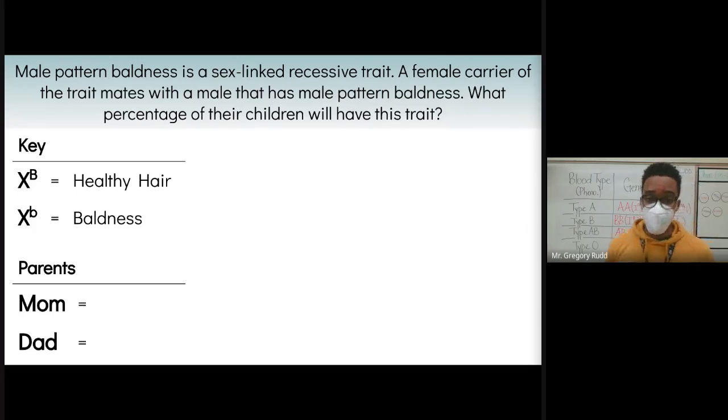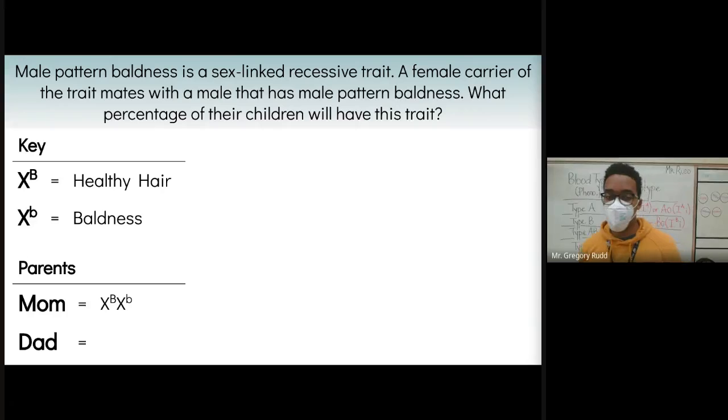It says that the mother is a carrier, yeah. So what is the genotype for a female carrier? Excellent, thank you, Ayana. A carrier is X capital B, X lowercase b. And I apologize that that's so small.